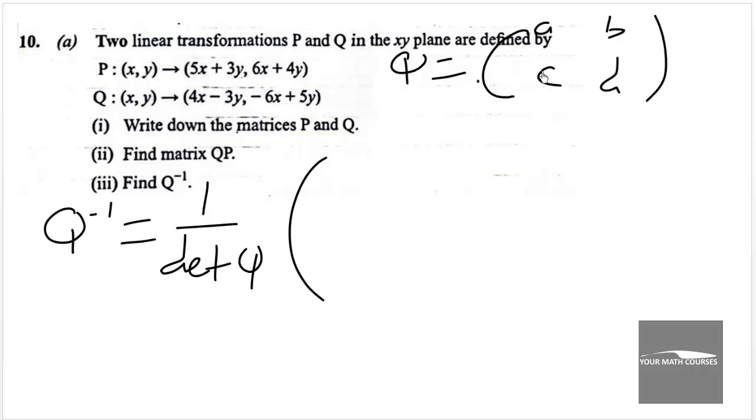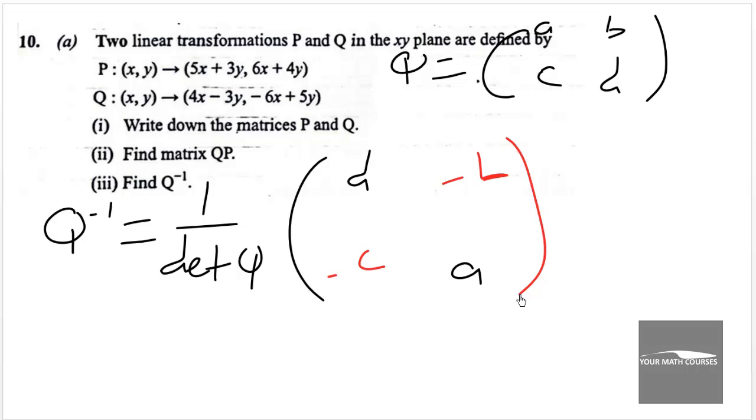You have to swap the A and the D, so you get D, A, then you negate the B and the C. So that is how you get the inverse of that matrix Q.